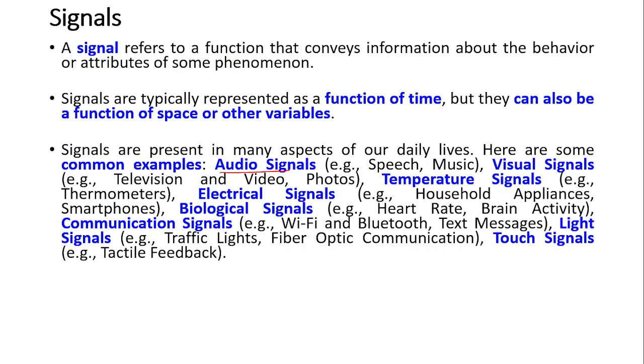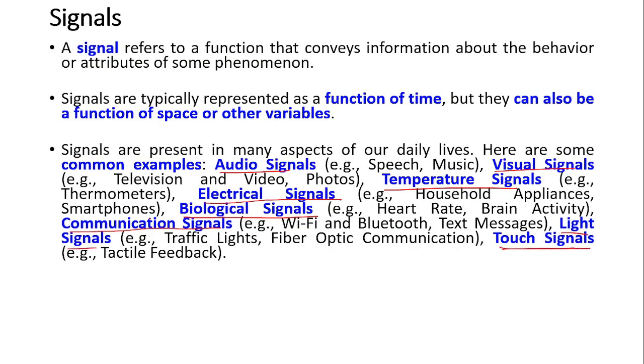Temperature signal: when we get sick, our parents take the temperature of our body at regular intervals. So we are measuring the temperature, which is the information, or you can say an attribute, which is varying over a period of time. So all these things are signals. You can see there are different types of examples, apart from audio signals: visual signals, temperature signals, electrical signals, then biological signals, then communication signals, light signals, and lastly touch signals.